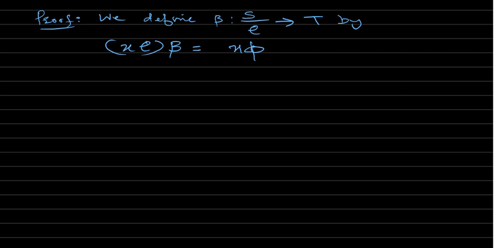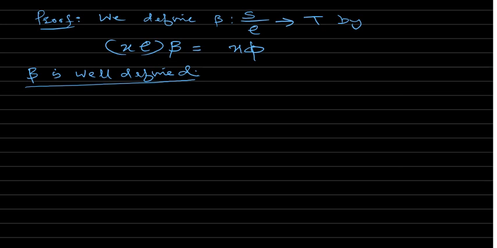So first we verify that this beta is well defined. For this, let's choose two elements in S over rho such that they are equal.